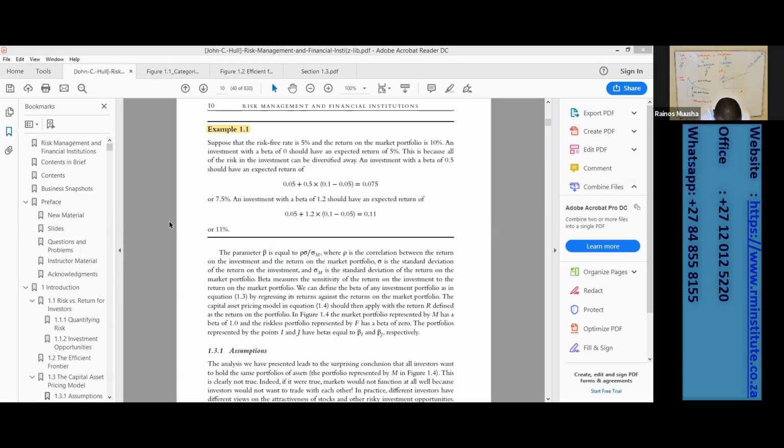How much should the expected return be for an investment with a beta of 0? And if the investment has a beta of 0.5, how much should the expected return be? And if the investment has a beta of 1.2, how much should the expected return be?